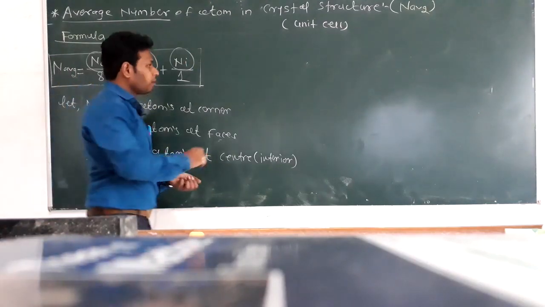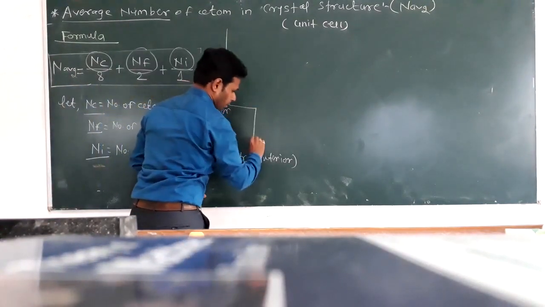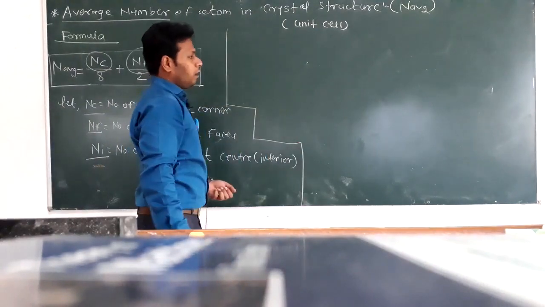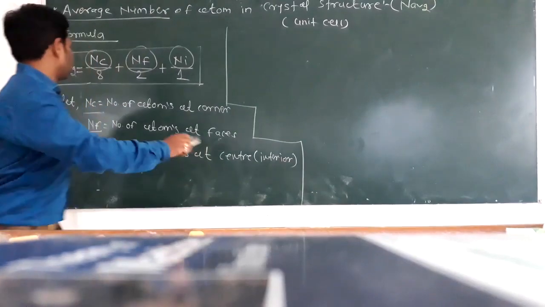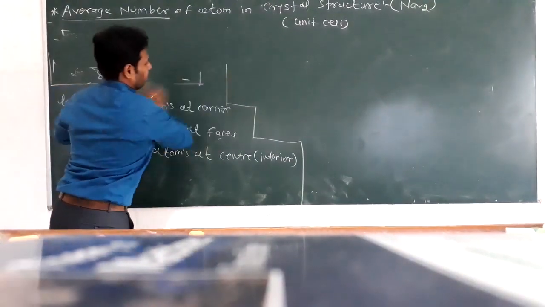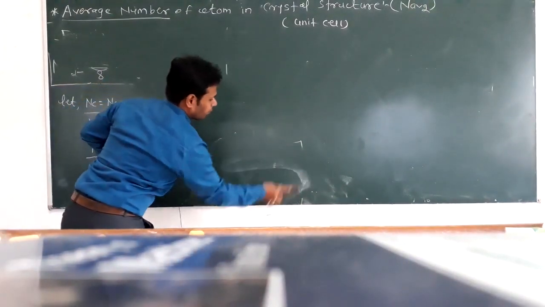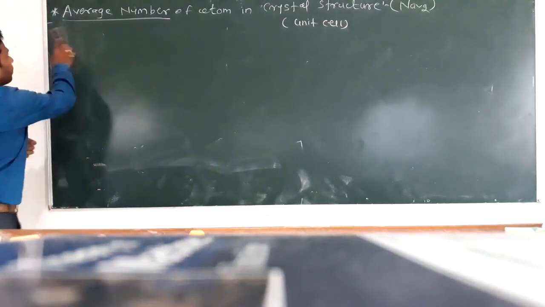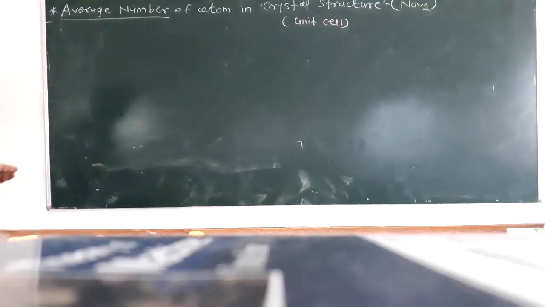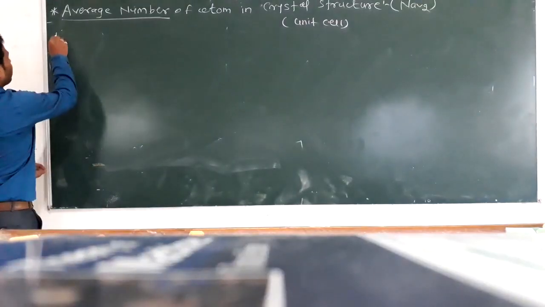Now we are seeing the average number of atoms for the simple cubic structure.